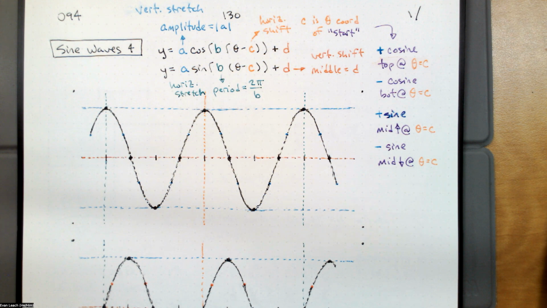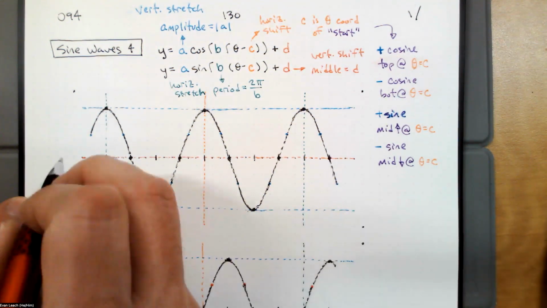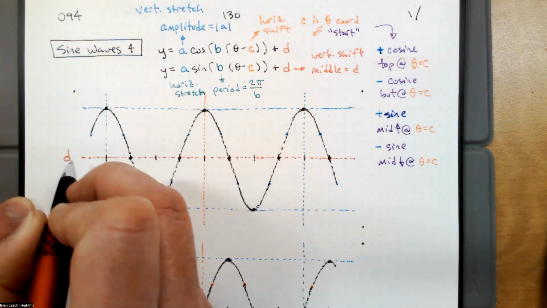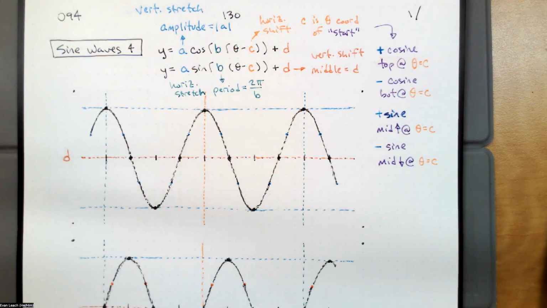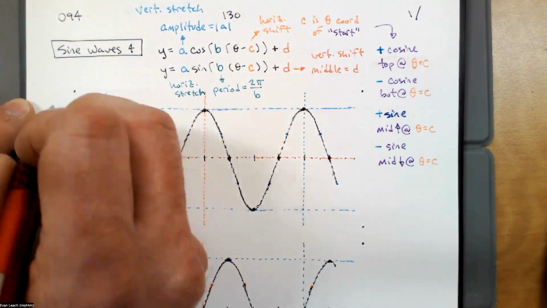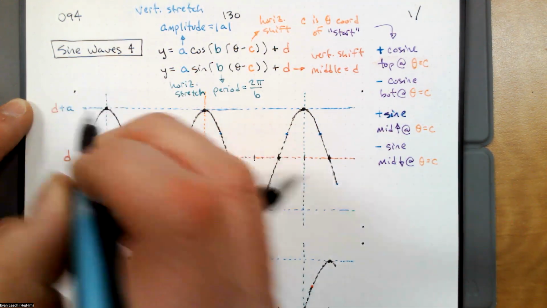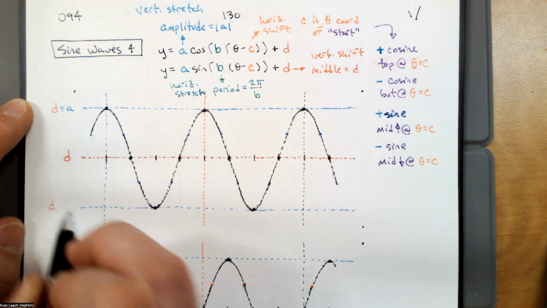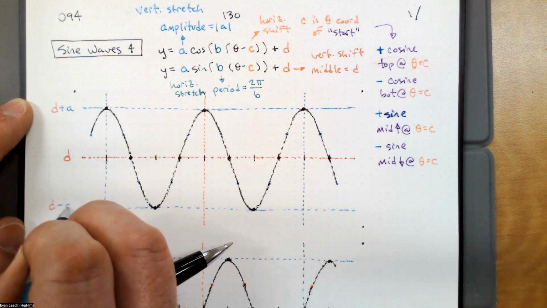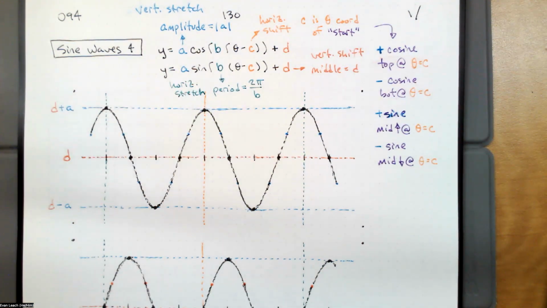The vertical stretch and the vertical shift, those are the easiest ones to sort out. Once we identify that plus D, that's where the middle is. So that's the middle right here. This is at D. All the y coordinates of the points there are y equals D. Then from the middle, we go up the amplitude and down the amplitude. So up at the top, we have D plus A. Down at the bottom, we have D minus A. A is the distance from the middle to the top and from the middle to the bottom.